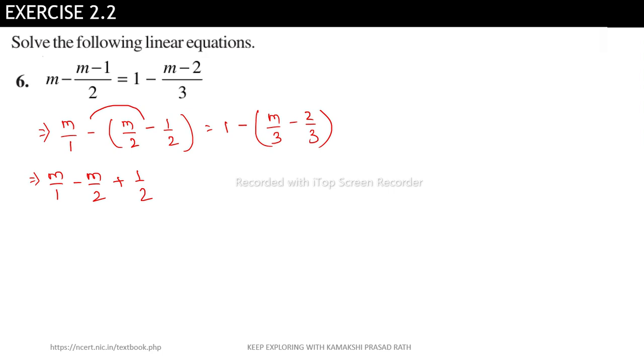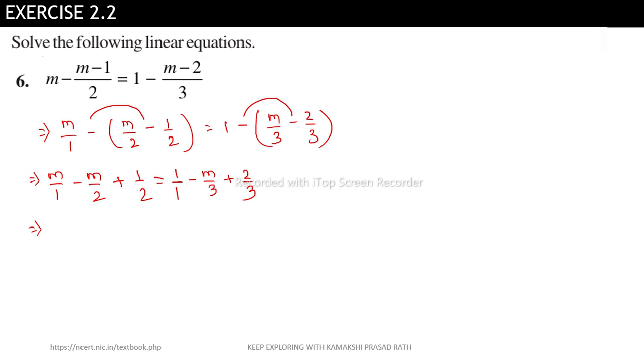We need to take care whenever there is a subtraction sign in front of a bracket, minus into minus becomes plus. 1 can be written as 1 by 1 minus m by 3. Again here, minus into minus, we have plus 2 by 3.